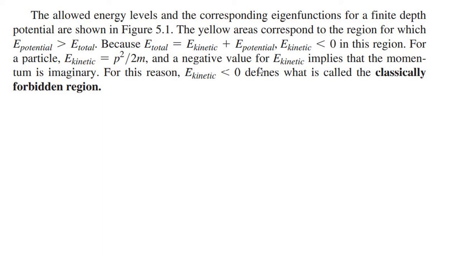So it implies that the momentum is imaginary. For this region, kinetic energy is negative, less than 0, and this defines what is called the classically forbidden region. I have explained this in terms of the figure, and one more piece of information we get here is that the momentum is an imaginary quantity.